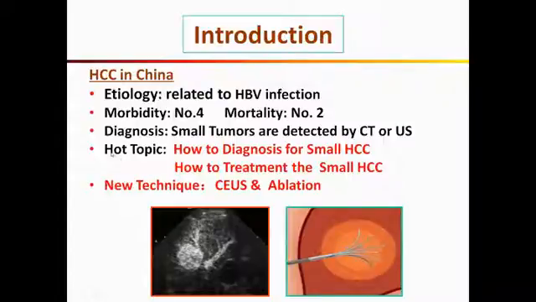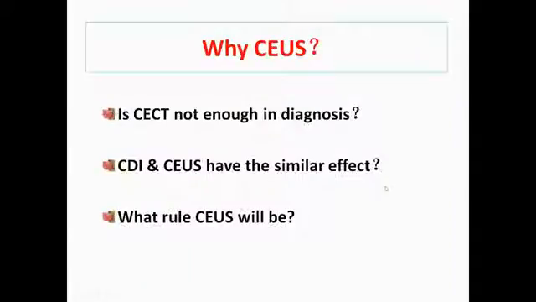So now the hot topic in China is how to diagnose the small HCC and how to treat the small HCC. In recent years, we use the new technique, contrast-enhanced ultrasound, which is very useful in our clinical practice. So today, I'd like to say something about CEUS.